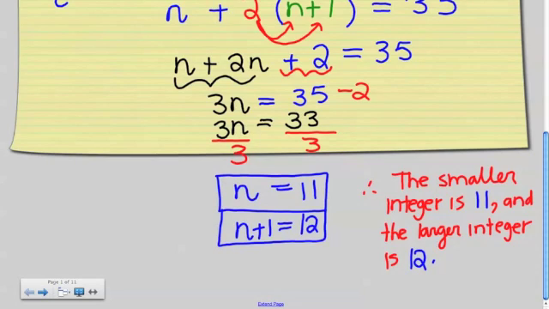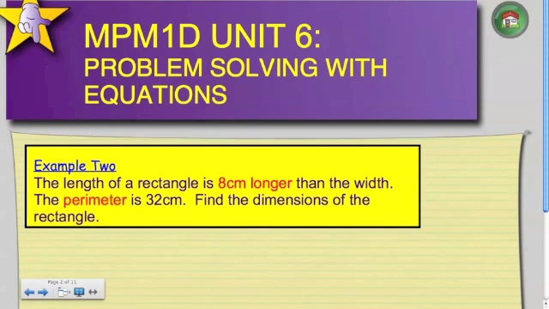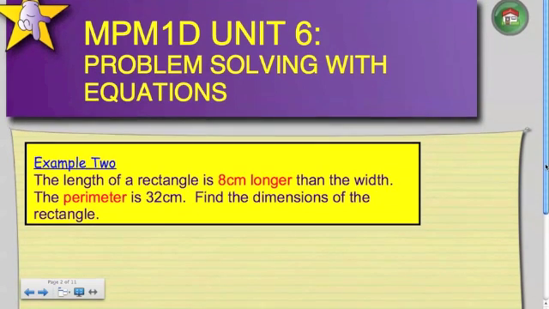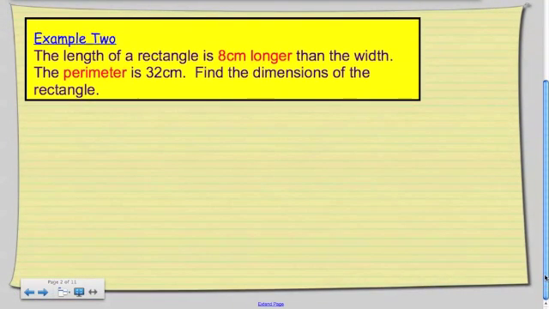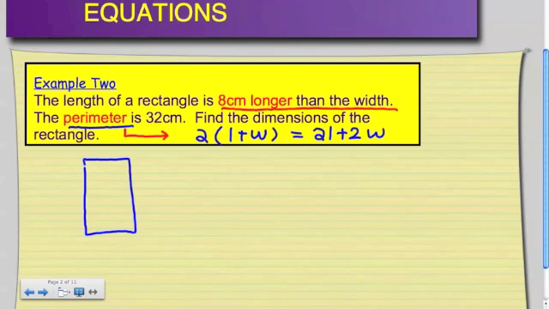And so very simple. We're starting off with a very simple, straightforward problem. The next one's a little bit more complicated if you haven't seen a problem like this before. So this involves perimeter. I'll give you a second to copy that down. Have W as our width and W plus 8 as our length.